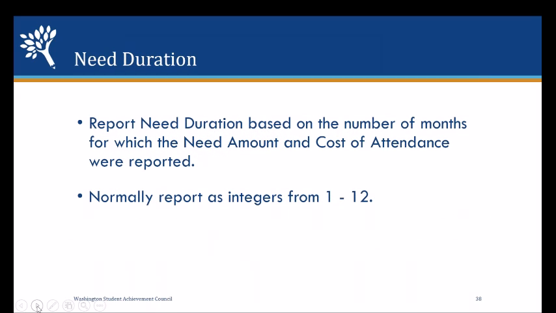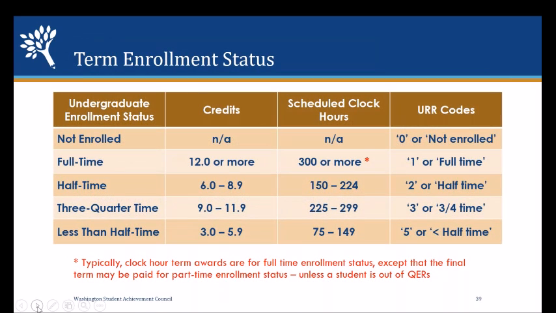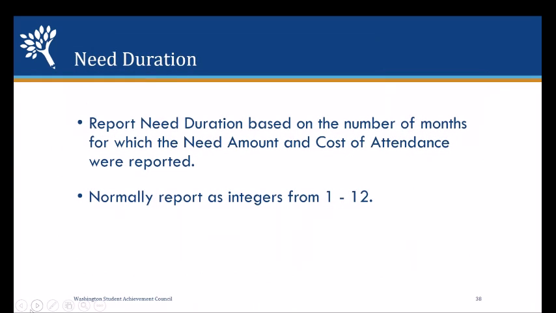For need duration, report the need duration based on the number of months for which the need amount and cost of attendance were reported. Normally, the integers are from 1 to 12. The 9-month setup is the standard, and if a student leaves after one term, you're not required to calculate everything to 3 months.